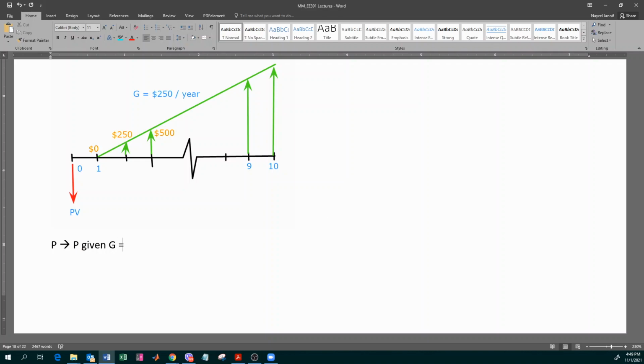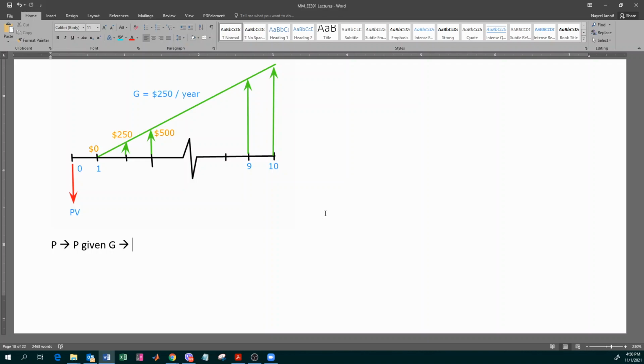P given G. How do we find P given G? Now it's not that straightforward. What you have to do is convert the G into an annuity. This is the catch.